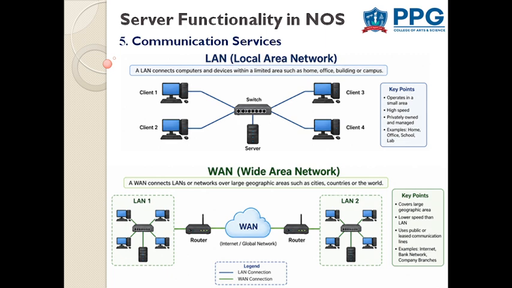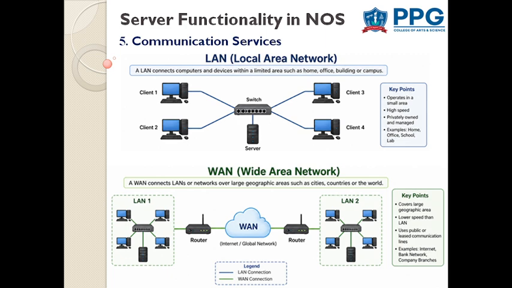Next is communication services. Communication services allow data transfer across networks like LAN, local area network, and wide area network, that is a WAN. They ensure smooth communication between both client and server. Without this, no network interaction is possible.